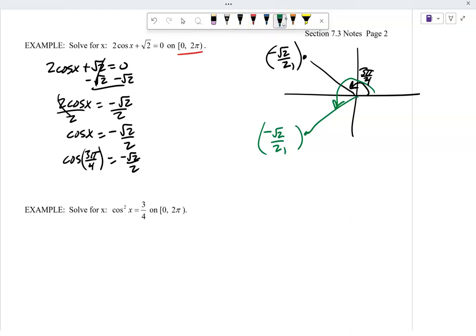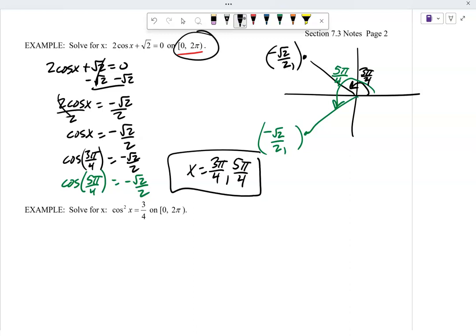And then we also know that the cosine of 5π/4, that's the green one, is also negative root 2 over 2. So those are our only solutions here. So 3π/4 and 5π/4 are the only ones that work because I'm restricted. I'm bound in that first period, right? I can only look between 0 and 2π. Okay.